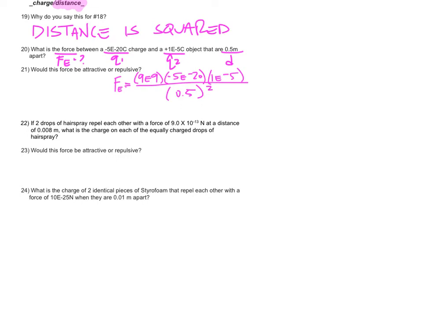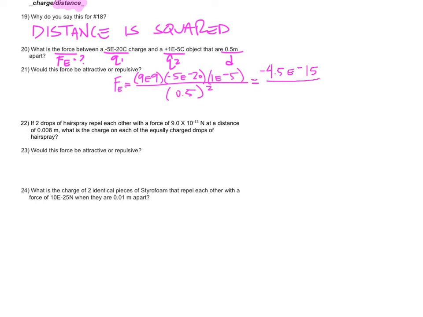Okay, if I start to simplify this a little bit, I'll start with the numerator. 9e9 times a negative 5e negative 20 times 1e negative 5 gives me negative 4.5e negative 15.